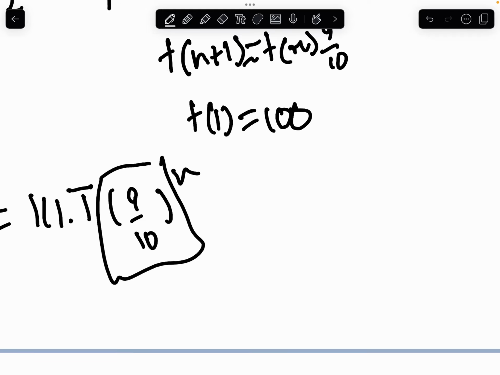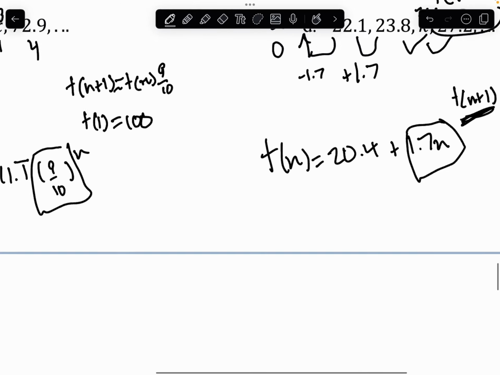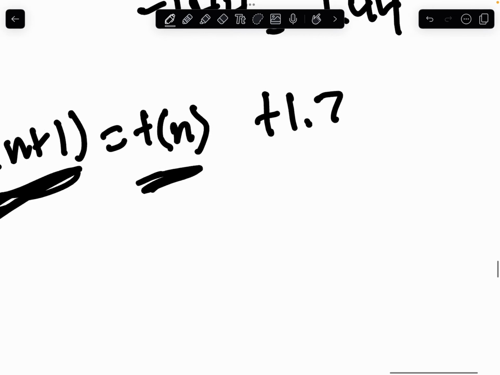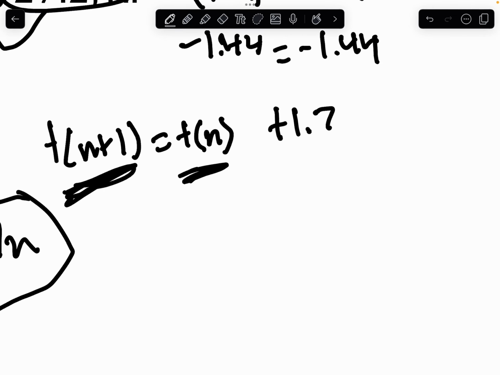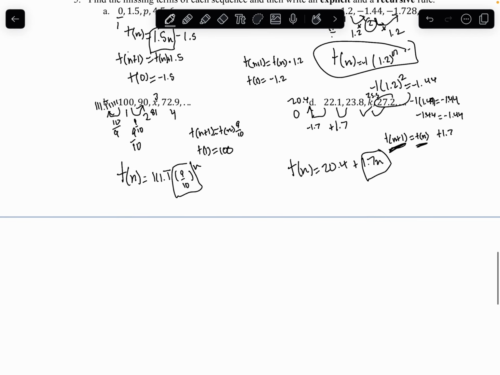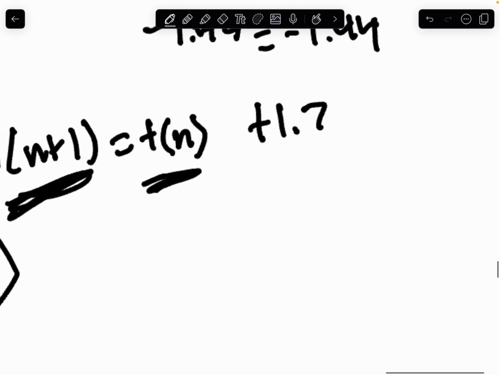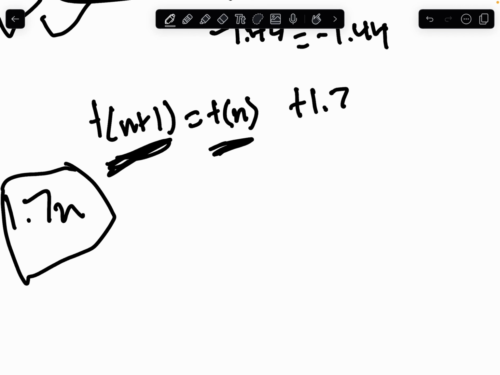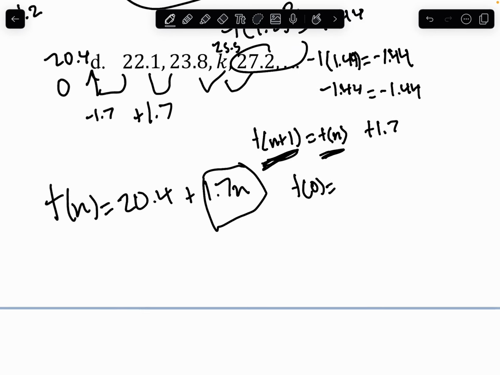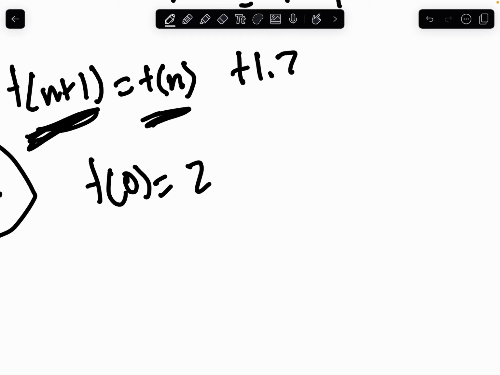It's the multiplier. Basically, you put t of the previous term, and then whatever it's multiplying, dividing, adding, or subtracting by. So t of 0 equals 20.4. So they know where to start.